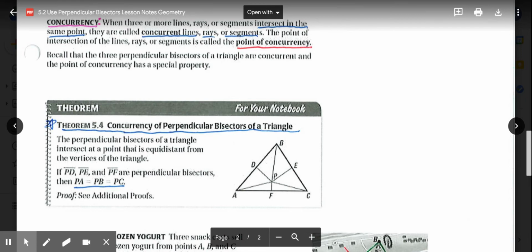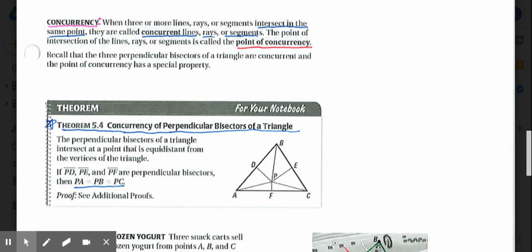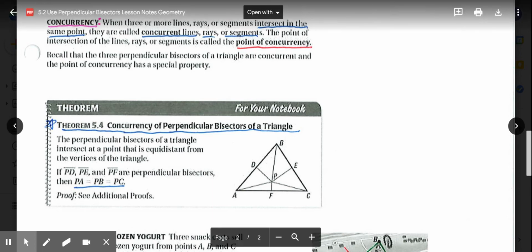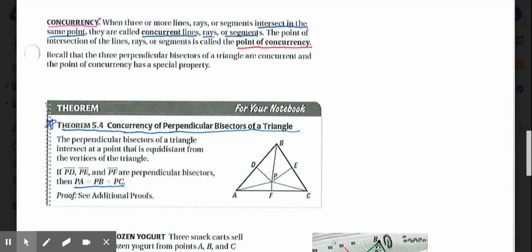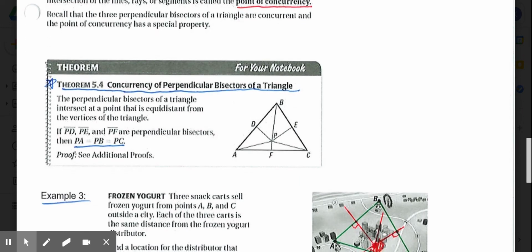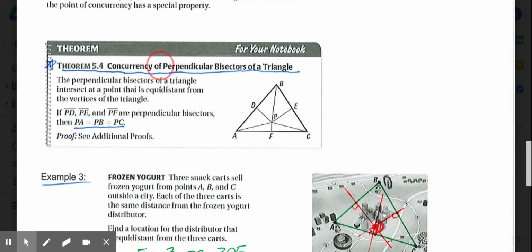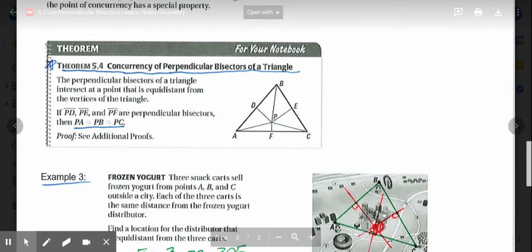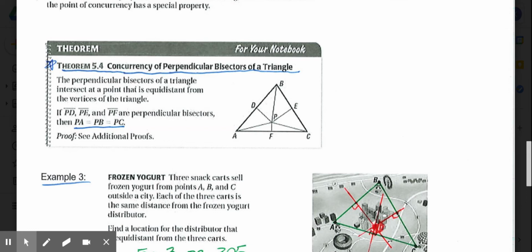And then it says, recall that the three perpendicular bisectors of a triangle are concurrent, and the point of concurrency has a special property. So now we're going back to that idea of perpendicular bisectors. And the idea with that is concurrency of perpendicular bisectors of a triangle, theorem 5.4. It says the perpendicular bisectors of a triangle intersect at a point that is equidistant from all the vertices of the triangle.